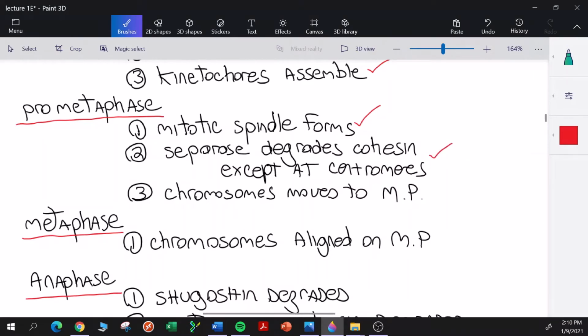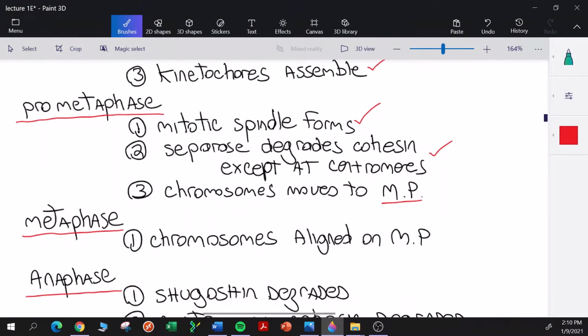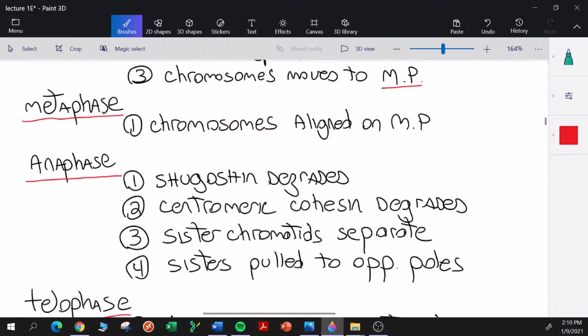And then the chromosomes are moved to the metaphase plate. Now the metaphase plate is an imaginary line that travels down the middle of the nucleus. So metaphase is my favorite because it's the stage when the chromosomes are aligned on the metaphase plate.